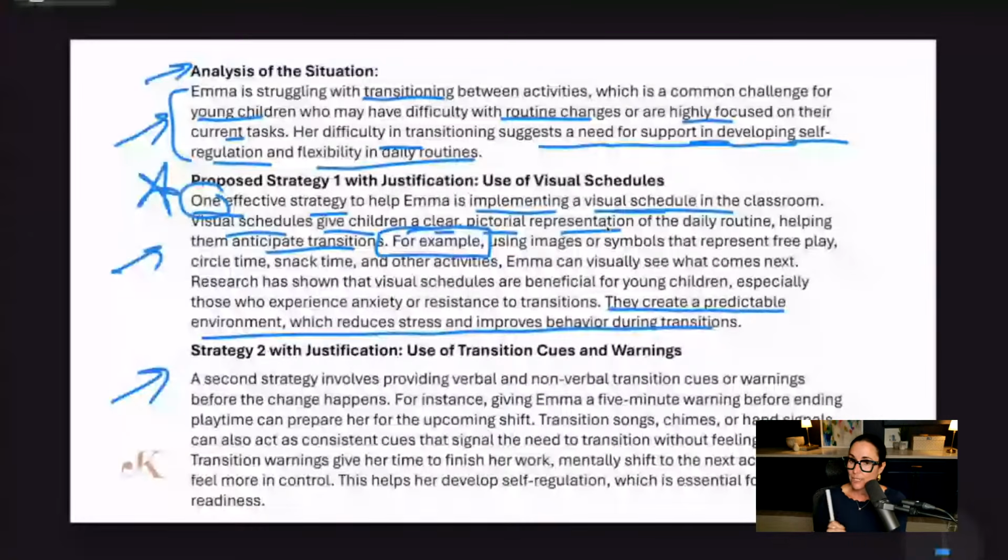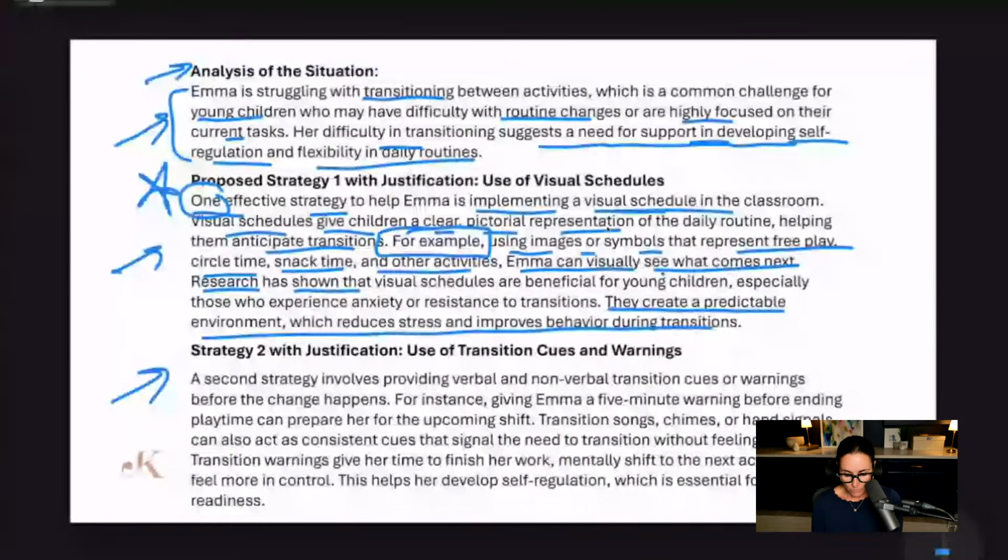When you say, for example, that helps the grader to go, oh, she's getting specific, or he's going to use a specific example. Using images or symbols that represent free play, circle time, snack time, and other activities, Emma can visually see what comes next. All right.